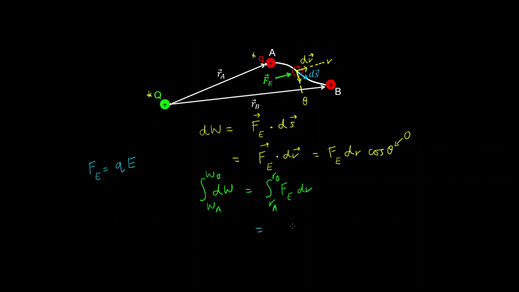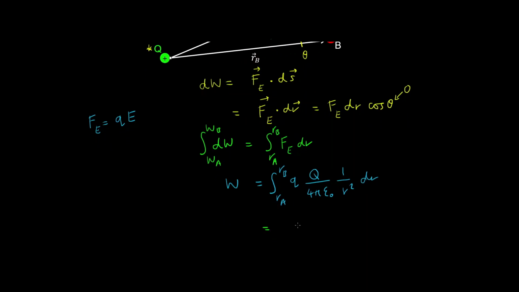So what we have is Q multiplied by Q over 4 pi by the permittivity constant, and that's multiplied by 1 over the radial distance squared to that point where the charge is. And we're integrating over r. And this gives us the total work done on this charge as it moves from point A to point B.